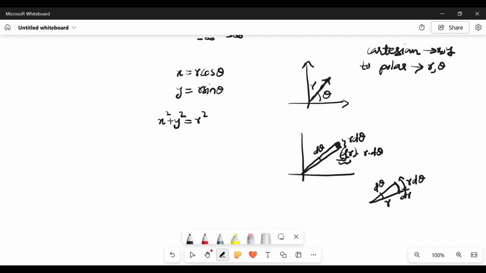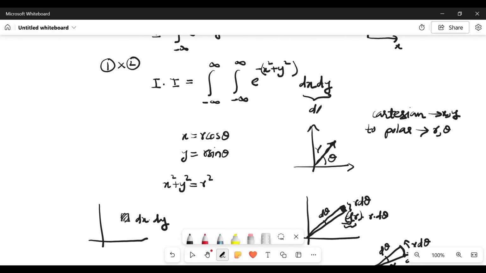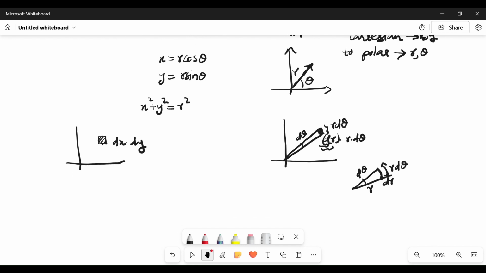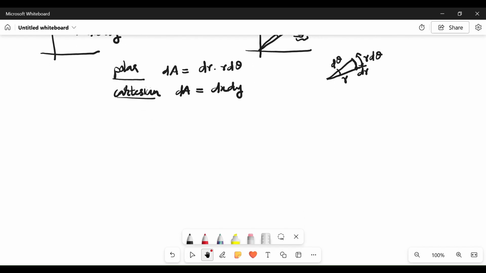Whereas in the Cartesian coordinate system, the same area is given by dx into dy. Let this be dA. So in the polar coordinate system, that dA will be dr into r d theta, but in the Cartesian system, that same dA will be dx dy. So I'm just changing the coordinates.